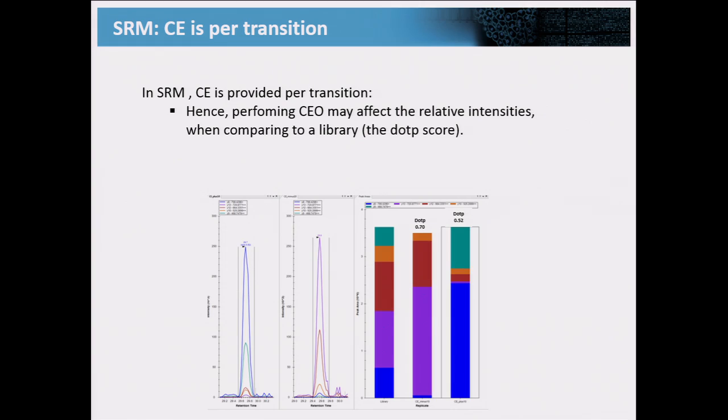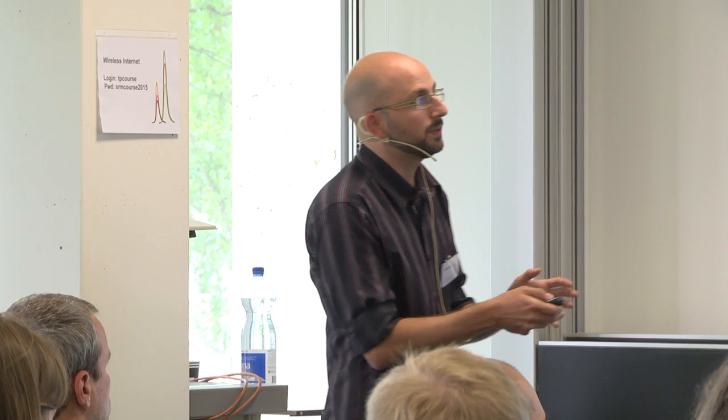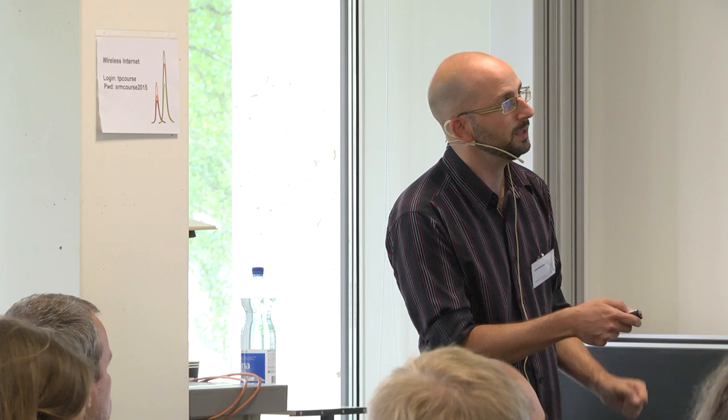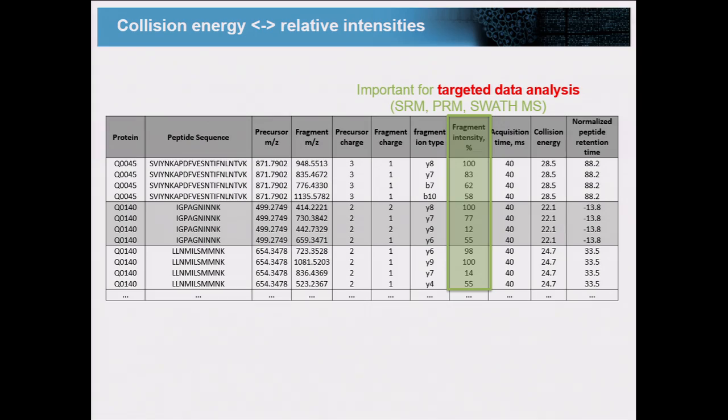Now this is when we've done the collision energy optimization and the acquisition of the assays on the same machine. Needless to say, this is very important when you do targeted data analysis in every type of workflow, whether we're doing SRM, PRM, or SWATH. Maybe the library came from one machine and we're doing the measurements on another machine. If we're doing SRM and we have the library from an Orbitrap.